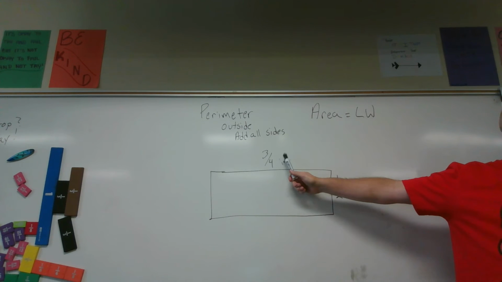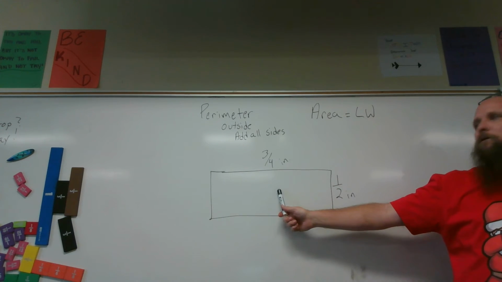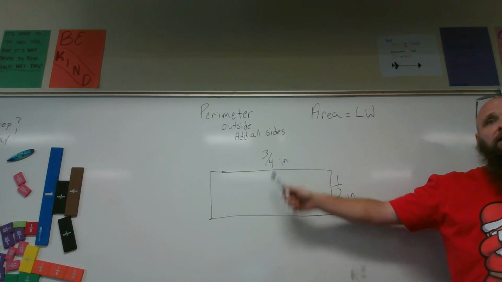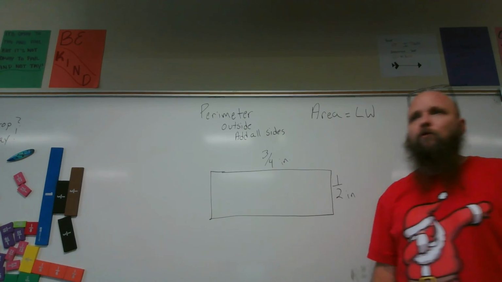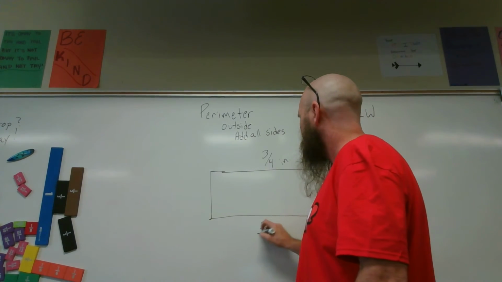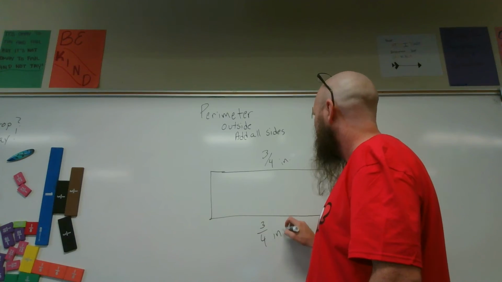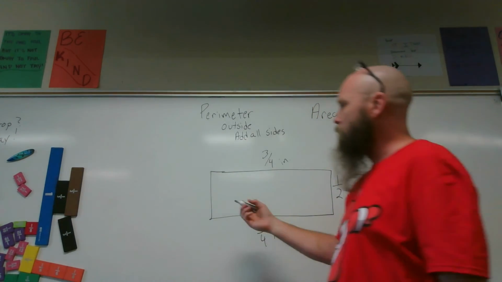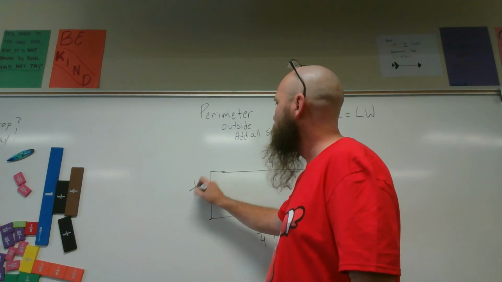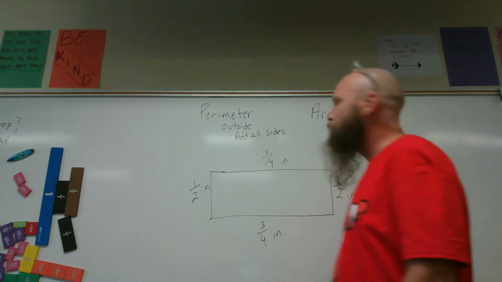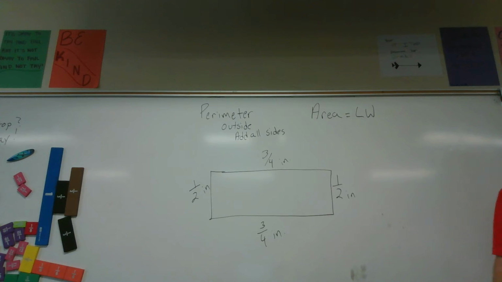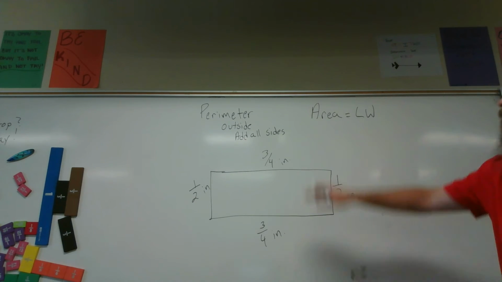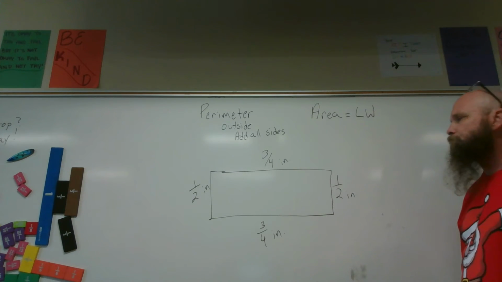If this side is 3/4, what is this side? 3/4. Opposite sides of a rectangle are equivalent. So how long is this side? 1/2 of an inch. So if I want to find the perimeter, I add all the sides up.